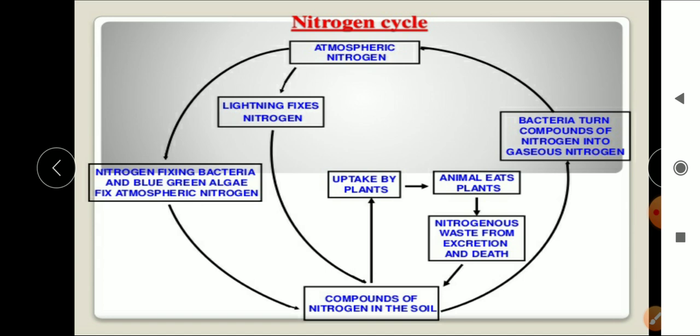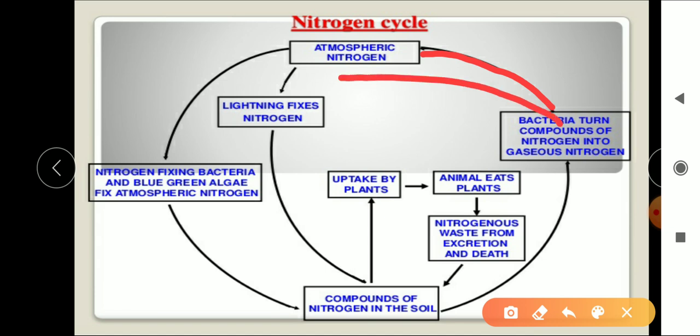First, certain bacteria and the blue green algae which are present in the soil fix the nitrogen from the atmosphere, and then they convert it into compounds of nitrogen.